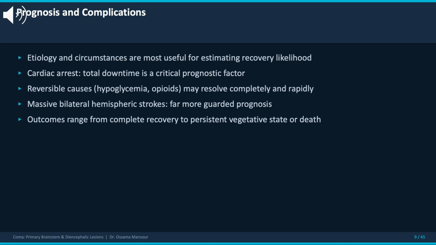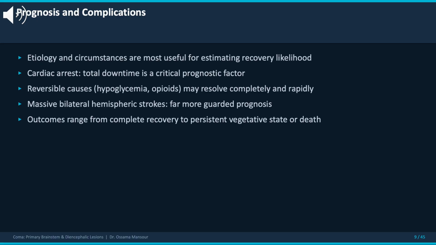Coma due to hypoglycemia or opioid overdose, once reversed, may resolve completely and rapidly, whereas coma due to massive bilateral hemispheric strokes has a far more guarded prognosis. The spectrum of possible outcomes is extraordinarily wide, ranging from complete and expedited recovery at one end through varying degrees of partial recovery and persistent disability to full dependence, progression to persistent vegetative state, or death at the other extreme.